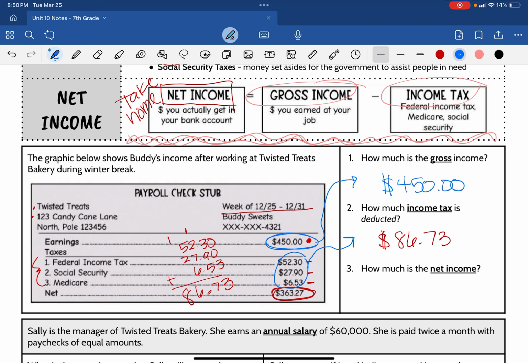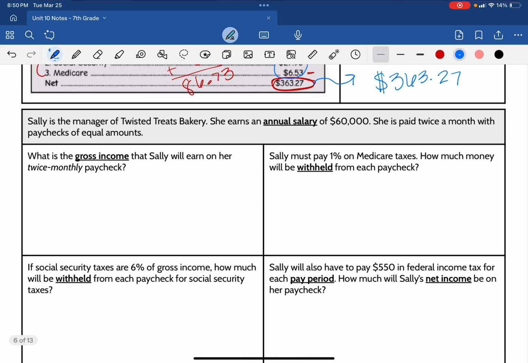The best thing about this is that you're not having to do any of the guesswork. It does it for you on pay stubs. It'll tell you exactly what they pulled out. So this amount right here that I circled in red, this is your net income. So the net income is $363.27. Okay. Let me give you a second. Pause the video if you need to. I'm going to move on.